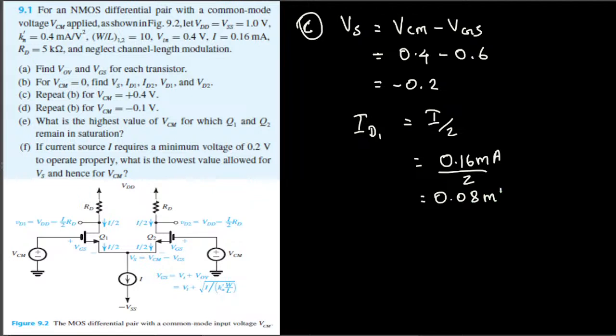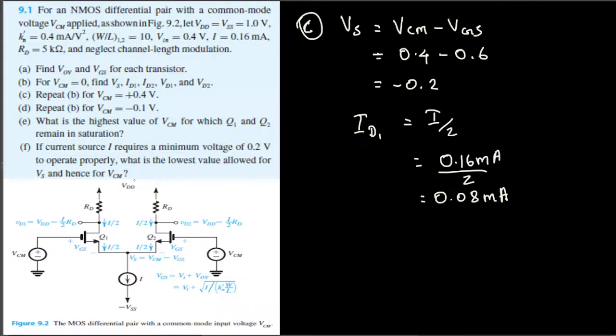that is 0.08 milliampere. And ID2 is easy, there are various ways you can find it. One is to look at the width to length ratio; for both of them the W over L is 10. Since these two are matched, the current is equal, because this is a current mirror.